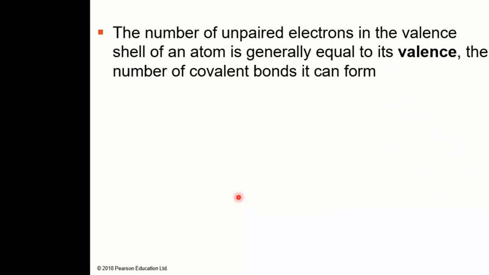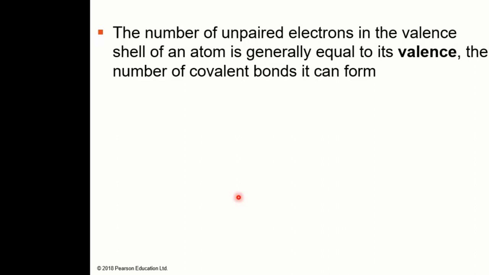So the number of unpaired electrons in the valence shell of an atom is generally equal to its valence, which is the number of covalent bonds it can form.